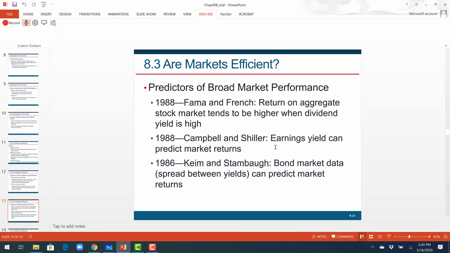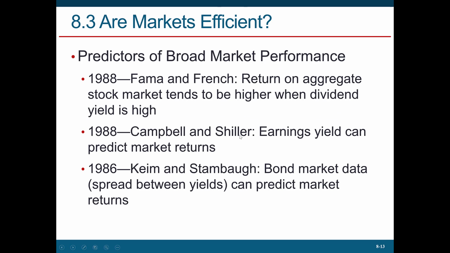All right. So then continuing on, there are some variables that have been shown to predict the performance of the broader stock market. For example, when dividend yield is high, it is shown that the subsequent performance of the overall market is superior. Earnings yield has similar predictability.